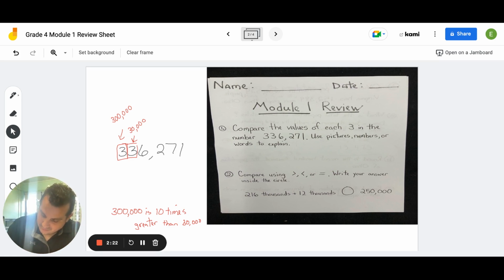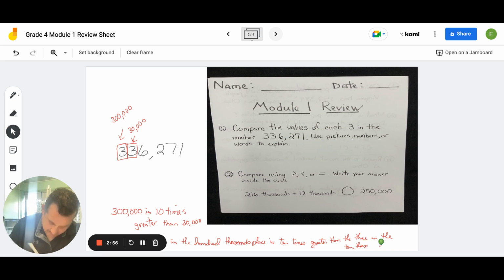Or the 3 in the hundred thousands place is 10 times greater than the 3 in the 10,000s place.